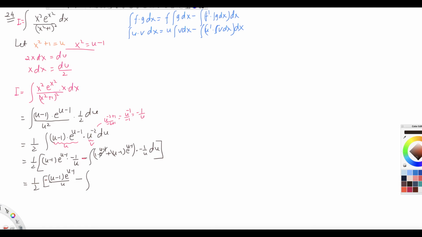Basically this term will cancel with that term, so what is left is u times e to the u minus 1. That's what you get as the derivative of the first function.